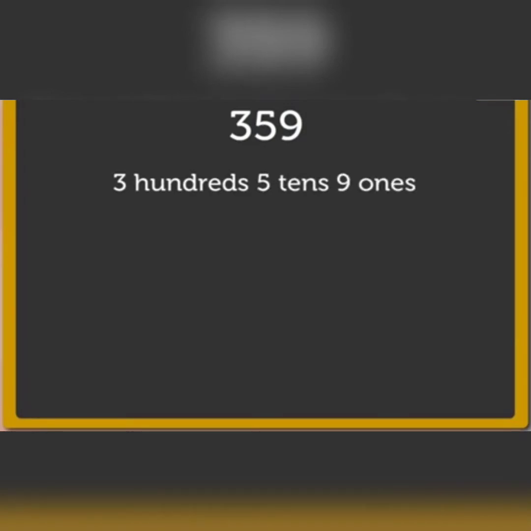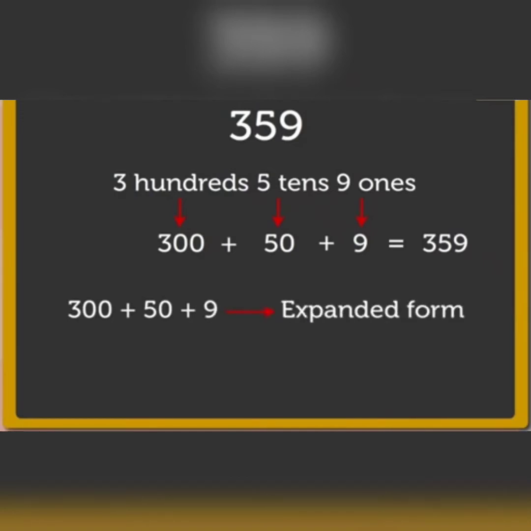We can write 300 plus 50 plus 9 is equal to 359. Here 300 plus 50 plus 9 is the expanded form. Okay, then 359 is the standard form.